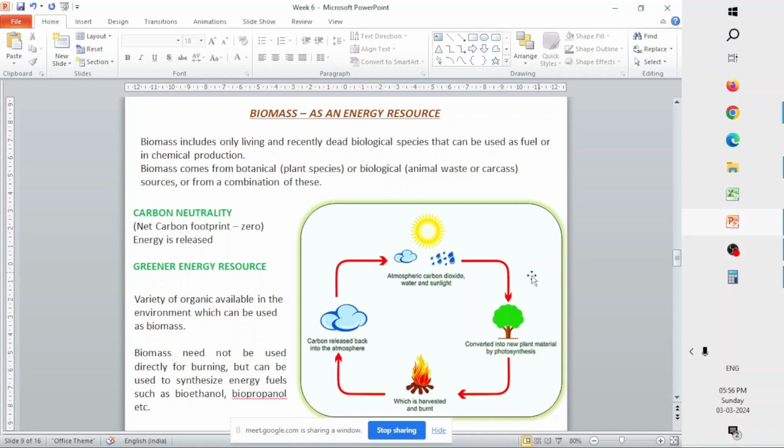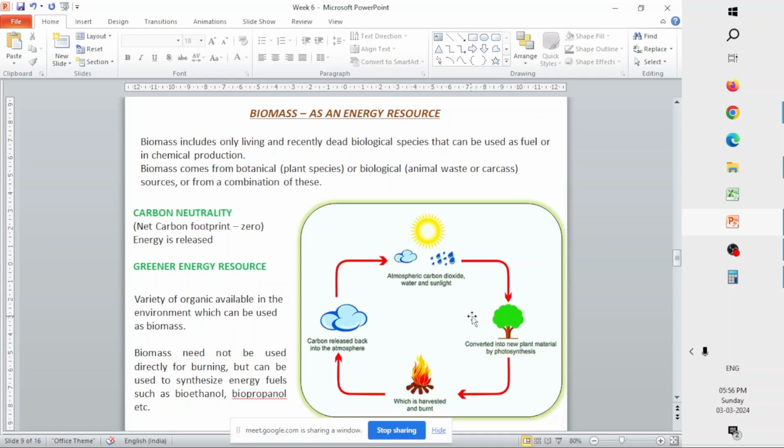Whatever amount of carbon dioxide you take in during photosynthesis for making the food, or what you call biomass, is what gets released into the atmosphere when you burn the plants. So the amount of carbon dioxide these plants take in and what comes out by burning them is the same.